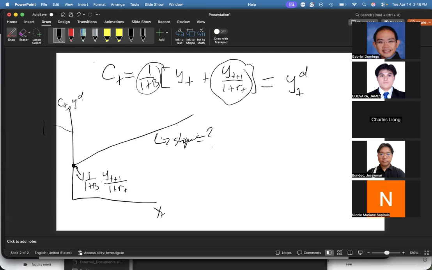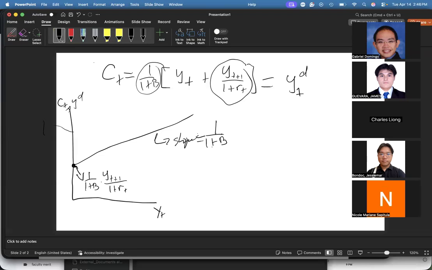Let's go back to what was written earlier. The line would shift upward.